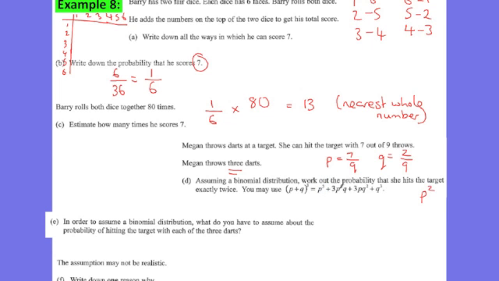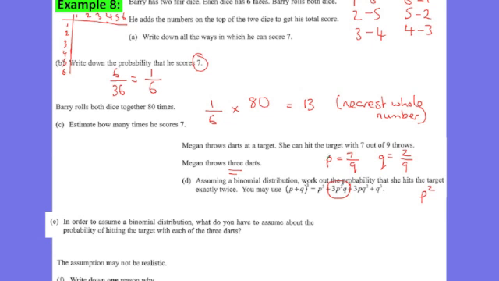Here, P is squared. She hits the target twice and misses once. This one hits the target once, misses twice. Here we have Q to the power 3. This means misses the target 3 times. So the one that we're interested in, hits the target exactly twice, is this part of the binomial expansion.